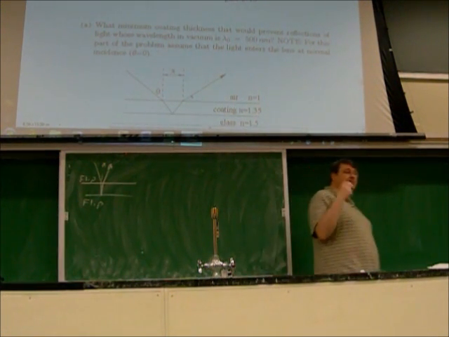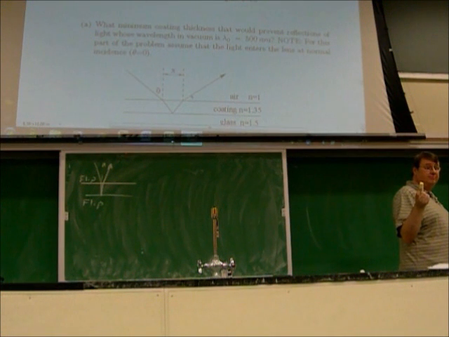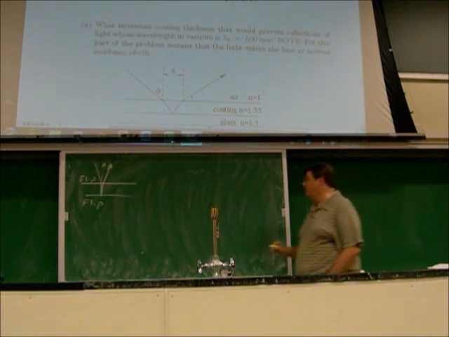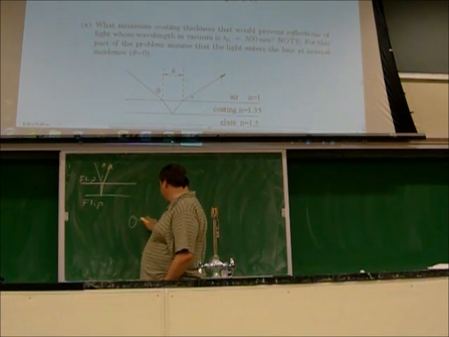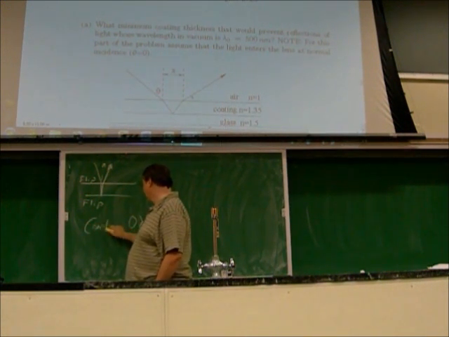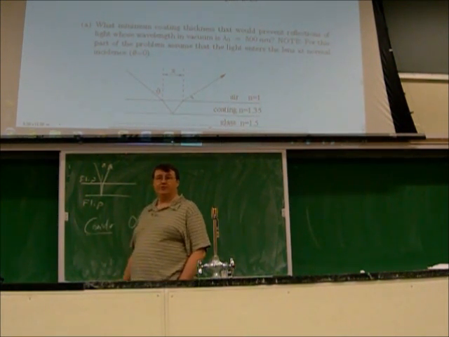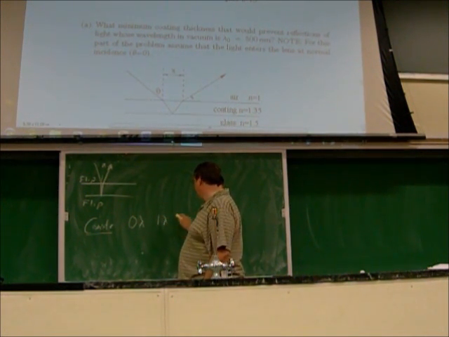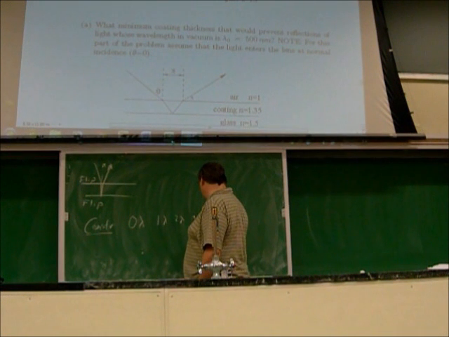Therefore, if I did nothing else but flip them both, constructive or destructive? Constructive. So therefore, the 0 lambda goes with constructive. Meaning that, so does the 1 lambda, 2 lambda, 3 lambda.